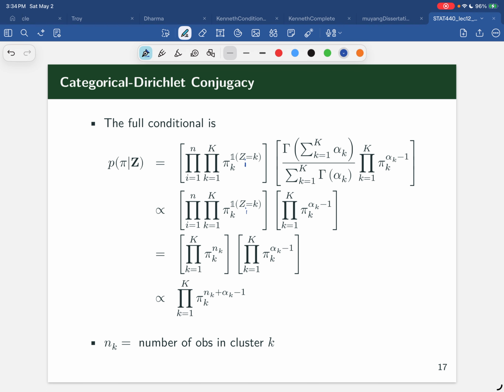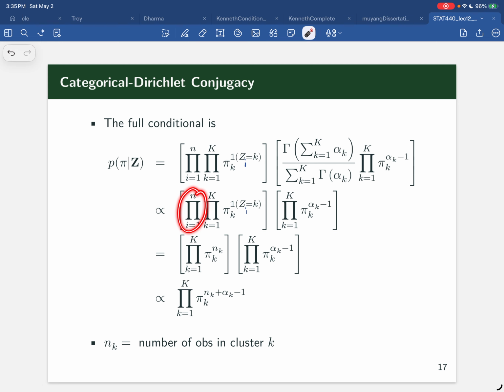So to get from line 1 to line 2, all that's happened is they've eliminated the normalizing constant. To get from line 2 to line 3, what's going to happen here is this guy's going to return a pi k every time zi is in category k.